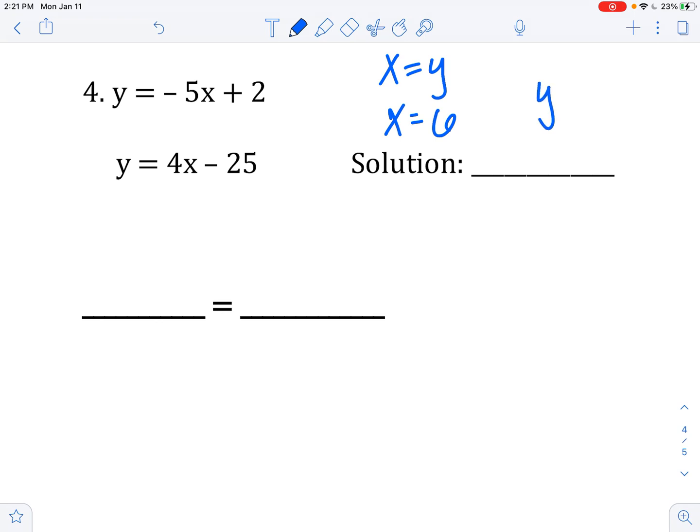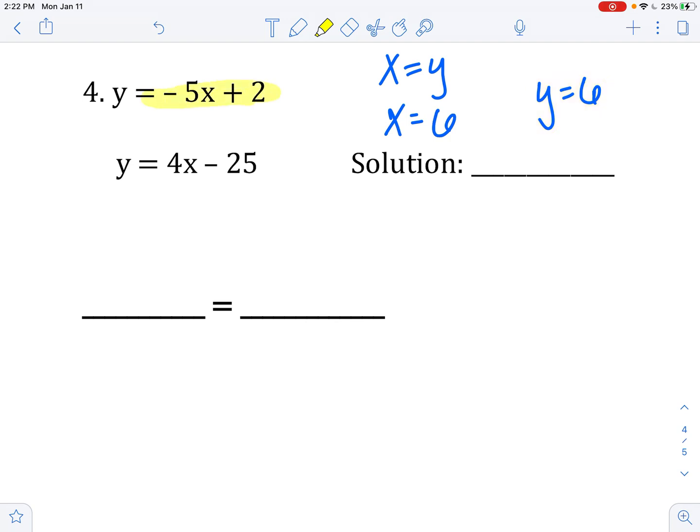Well, I can say that y equals 6, because both of these things are independently equal to x. So if this is x and this is x, well, x equals x, that's our reflexive property, so y equals 6.